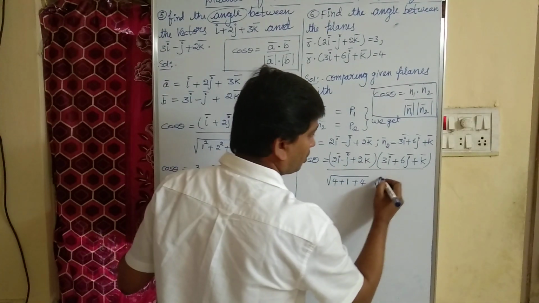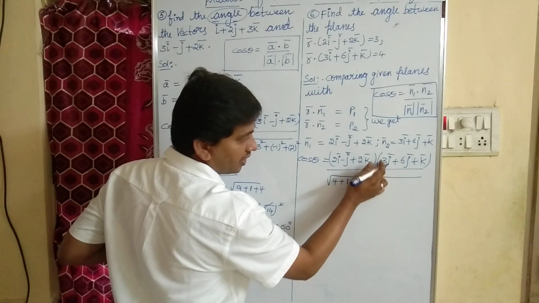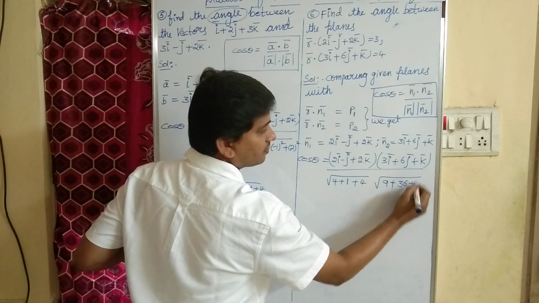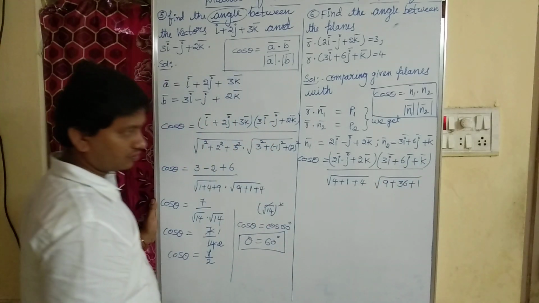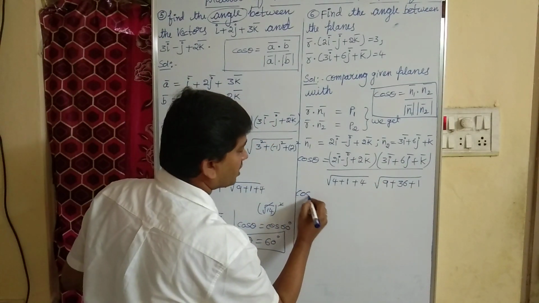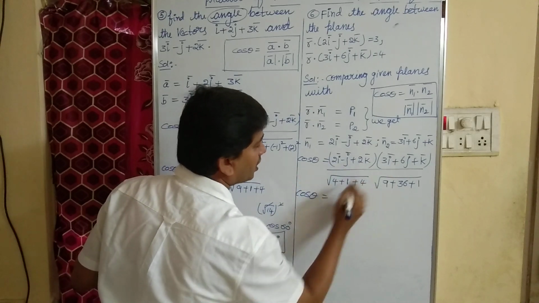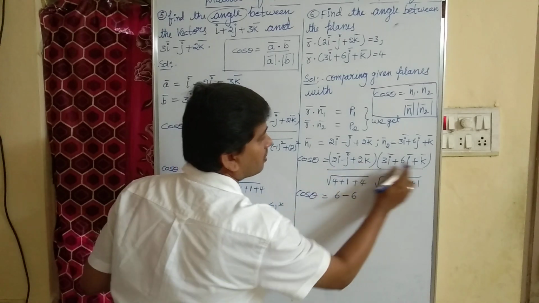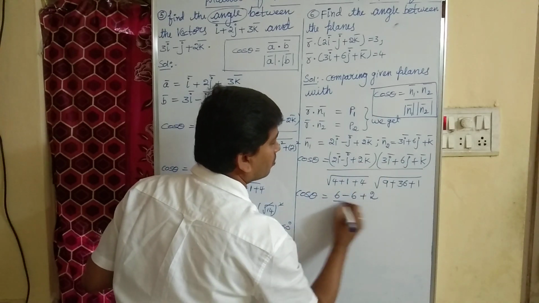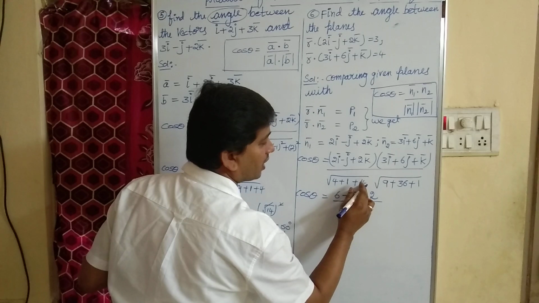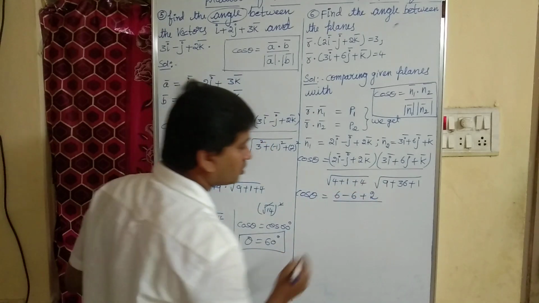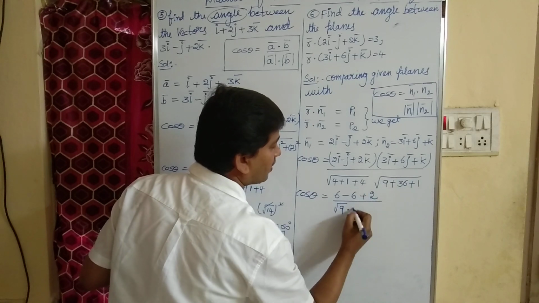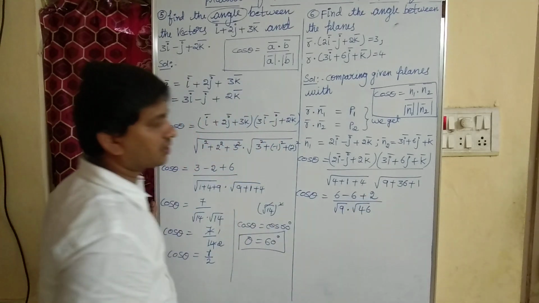Okay children, into 3 square 9, 6 square 36, 1 square 1. So cos theta equal to 2 into 3, 6, minus 1 into 6, minus 6, plus 2 into 1, 2, by 4 plus 4, 8, 8 plus 1, 9.